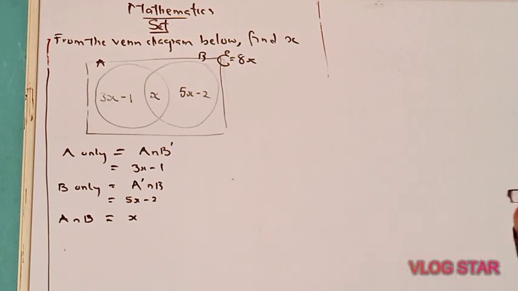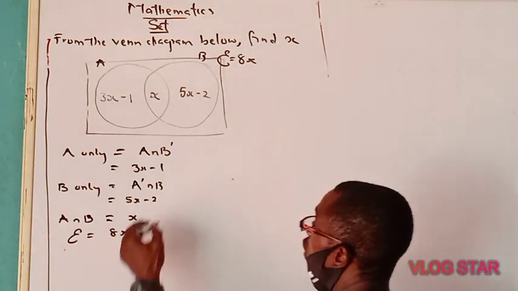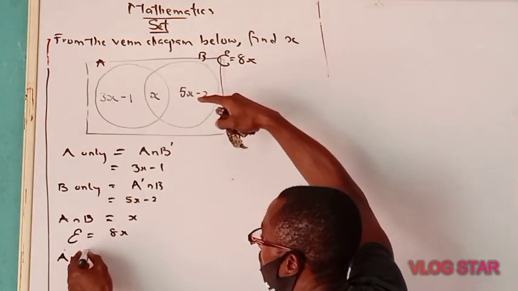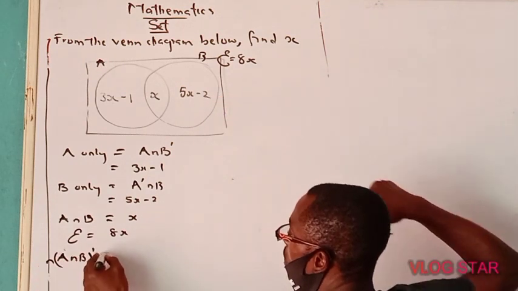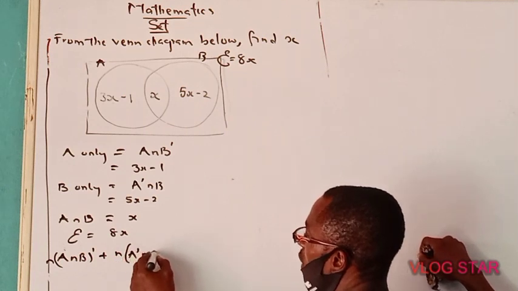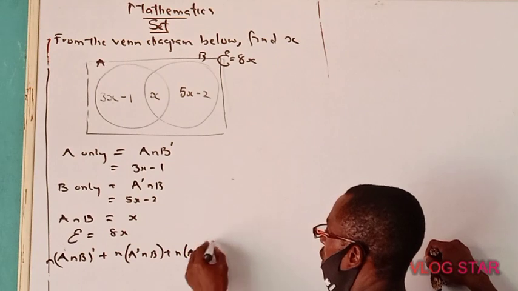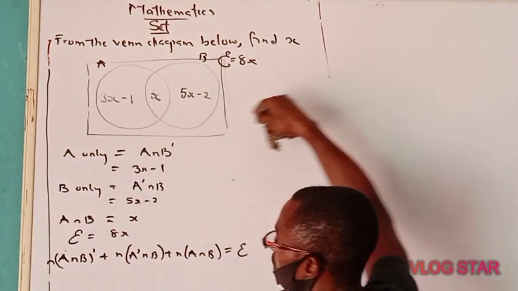Now, universal set is 8x. So the number of A intersection B prime plus number of A prime intersection B plus number of A intersection B equals universal set. That's everything here.